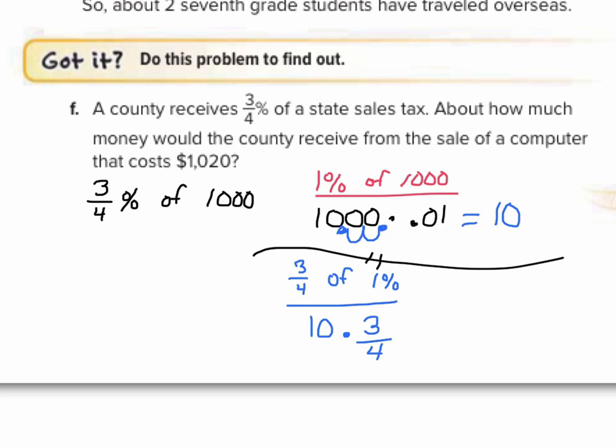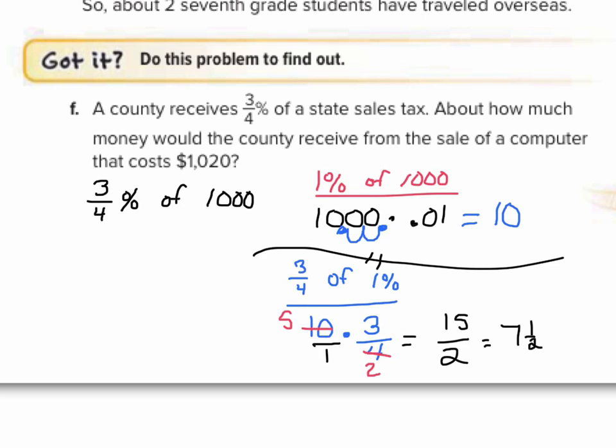Well, the 10 I can write as 10 over 1. I can still cross-simplify by dividing by 2. I end up with 2 and 5. When I multiply across, 5 times 3 is 15. 1 times 2 is 2. And if I simplify 15 over 2, that is 7.5.